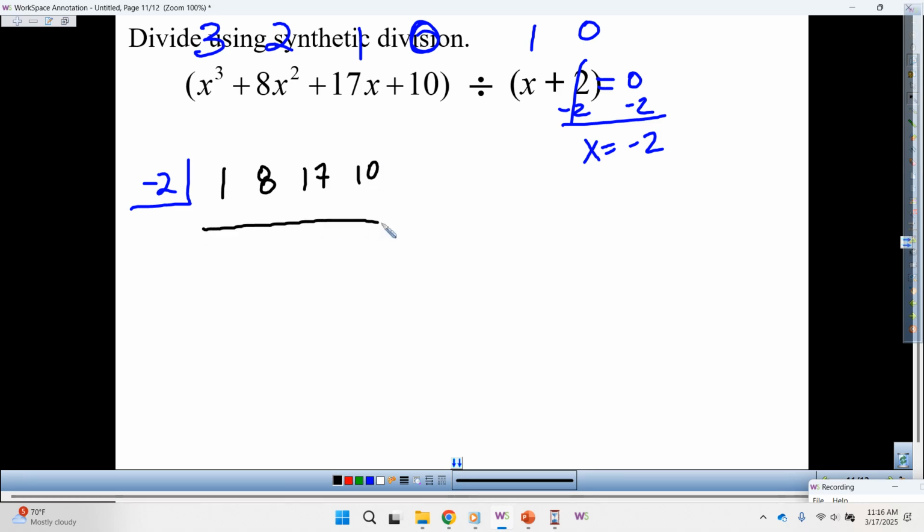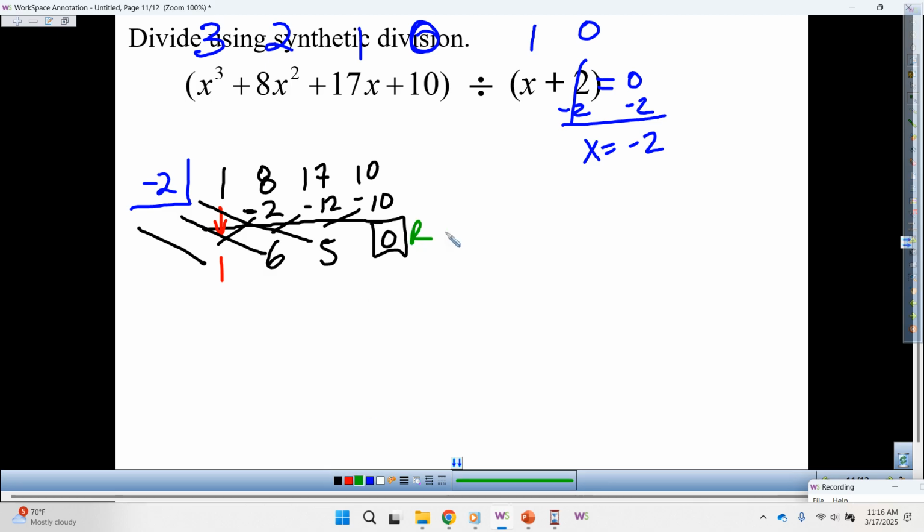Let's go, Mariah. So bring down the first term. And then we start a multiplication. -2 times 1 is -2. Combined, that's 6. -2 times 6 is -12. Combined, that's 5. -2 times 5 is -10. So that gives us 0 as a remainder, which means nothing.